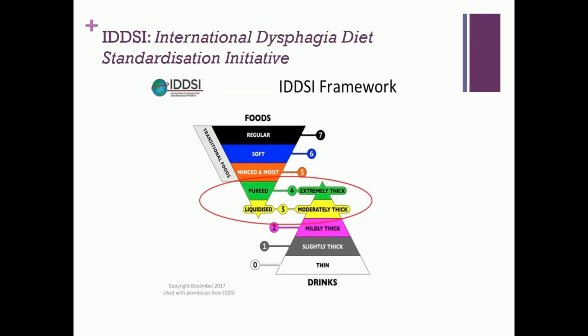So this slide relates to IDDSI. It's a relatively new framework that came in about 2017. So goodness me, that is about 8 years ago, isn't it? So not that new, but it stands for the International Dysphagia Diet Standardization Initiative, which is incredibly long and complicated.